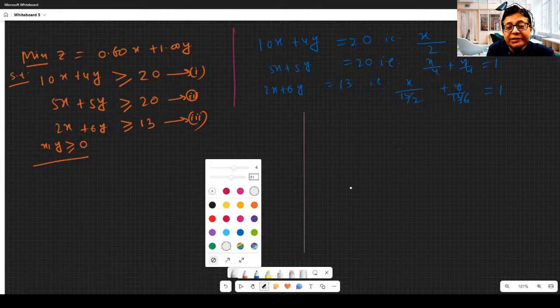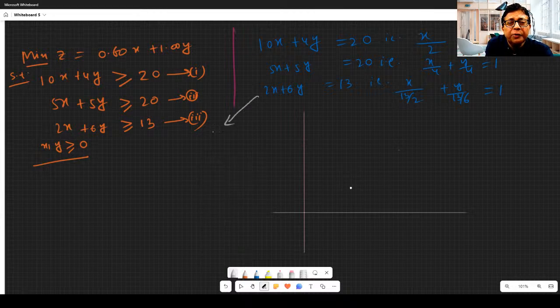This is your x-axis, and this is the y-axis. Okay? One thing you can do, 6 squares is equal to 1 unit. Then plotting will be very easy by the intercept method. But why take trouble when you have the method of plotting this manner?